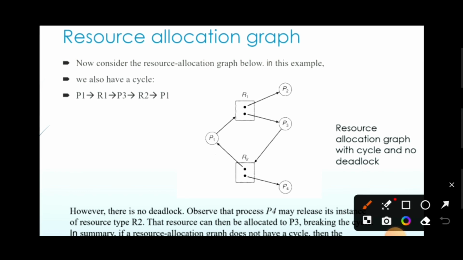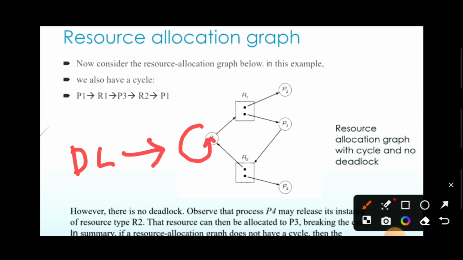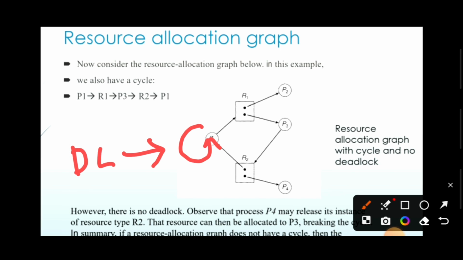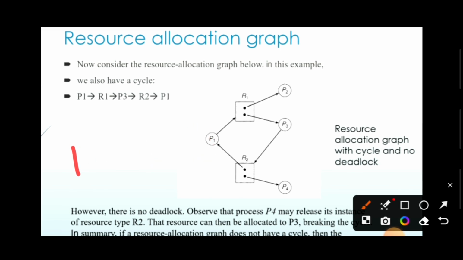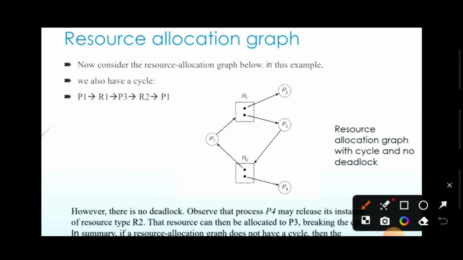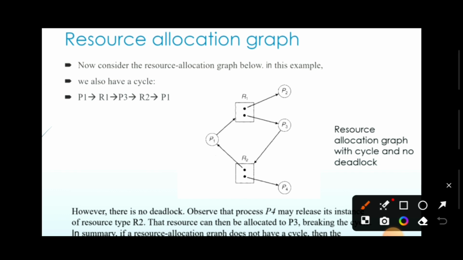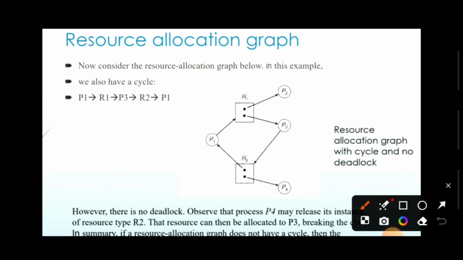But it is not a sufficient condition. If there is a single instance for each resource and there is a cycle, then there will be a deadlock for sure. So this is how you can analyze and identify deadlock with a resource allocation graph. Hope this is clear to you and thank you.